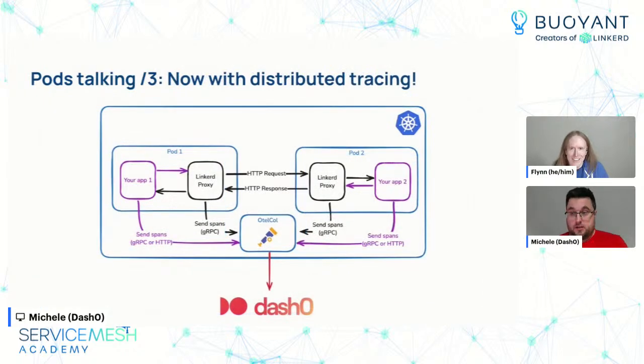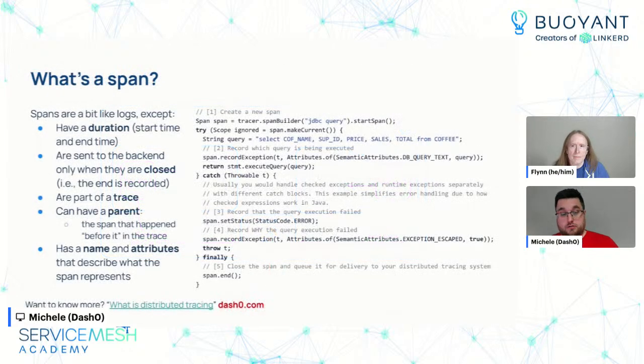When you actually think of it in terms of distributed tracing, all of these four components are going to independently from one another report spans into, in our case, the OpenTelemetry collector. And what do these mythological spans actually look like?